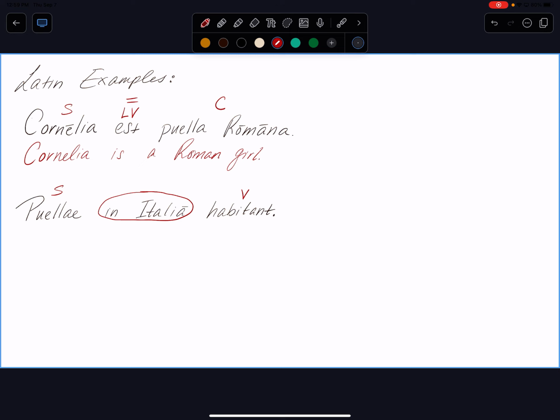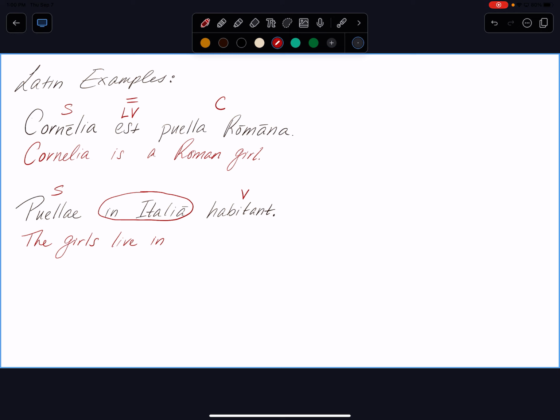Now, puella means girl. Puellae means girls. Good. Okay, so puellae, the girls. Habitant, live in Italia. What's the difference between habitant and habitat? Number. It's the difference between singular versus plural. So if it ends in a T, it's singular.